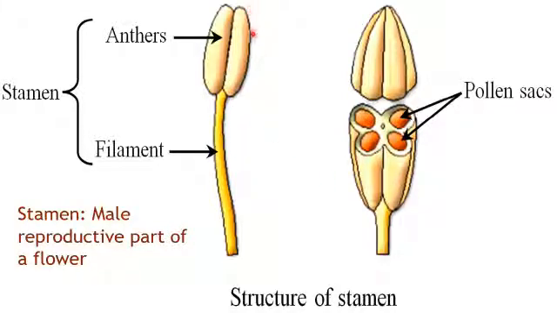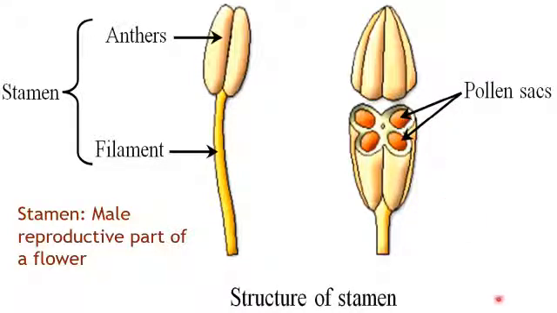As you can see in the picture, children, the two parts of the stamen are the filament and anthers. The stalk of the stamen is called filament, and the swollen top of stamen is called anther. And the pollen grains contain the male gametes of the plant.